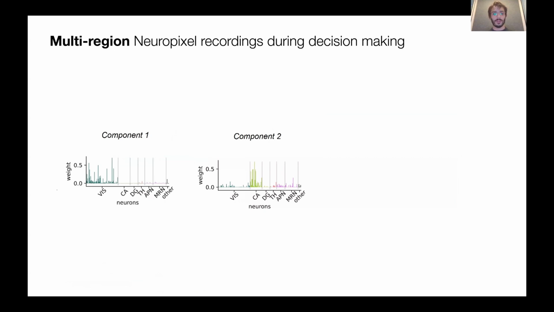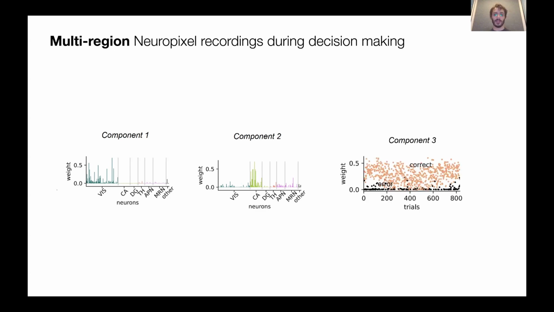What we found in our work is that different directions in the state space uncovered by linear dimensional reduction methods were capturing different brain regions. But perhaps more interestingly, if we represented the data in the other way, then it captured something else, something about correct versus incorrect choices of the animal.